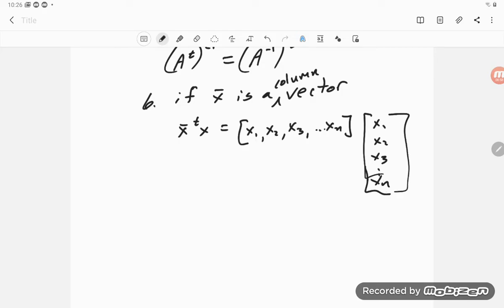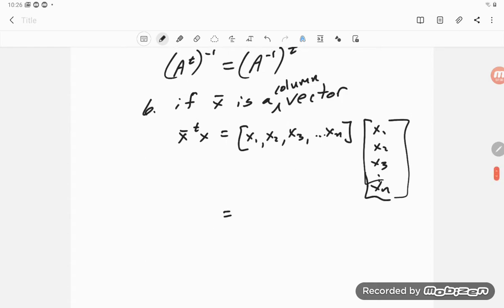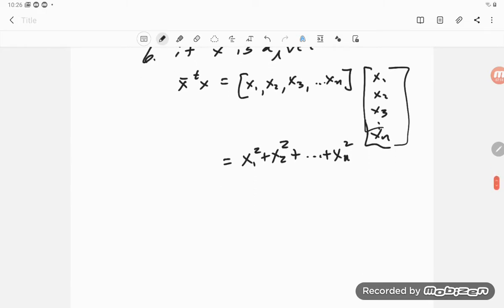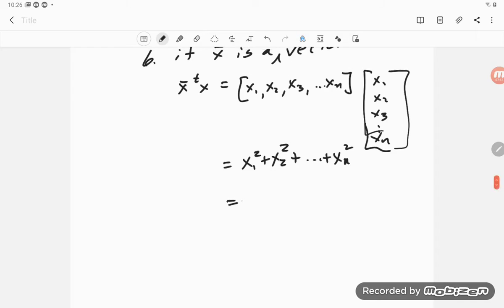Right? If you do that, that's just the dot product of that row and that column. So you get x1 squared plus x2 squared up to xn squared. So what you see then is this is equal to the magnitude of x squared.